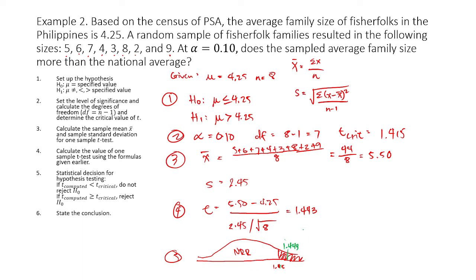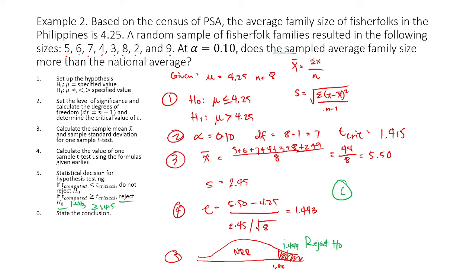So, at kung itetest din natin siya, dito siya magpo-fall kasi yung t computed natin, which is 1.443, is actually greater than or equal to our 1.415. Ibig sabihin, we need to reject our H0. So, reject H0.